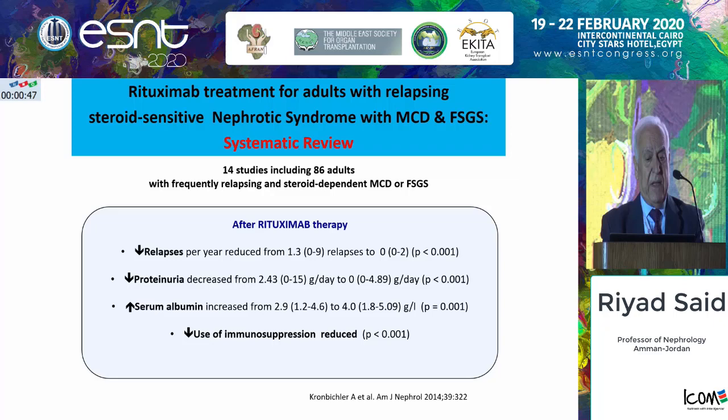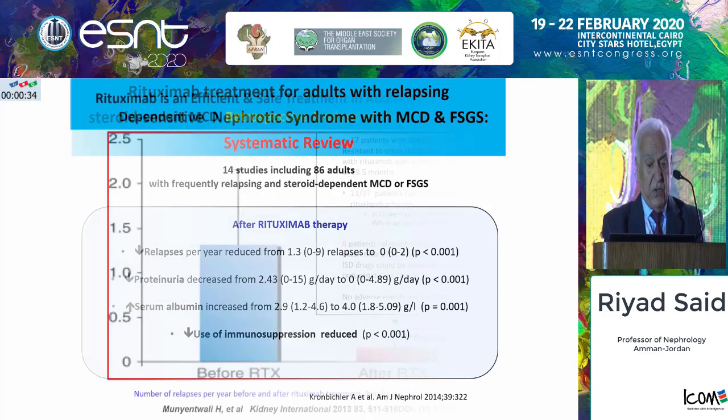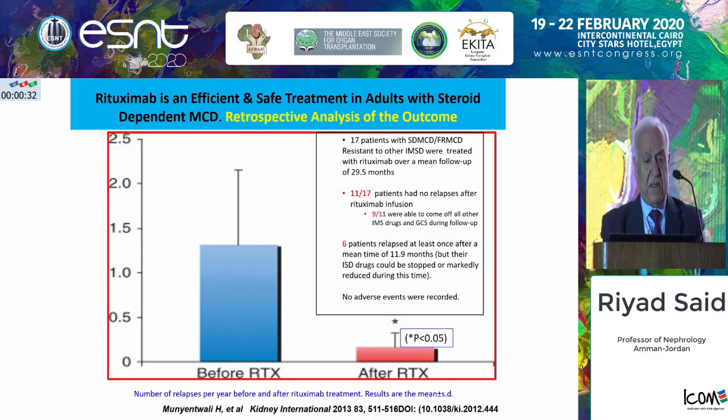Now, rituximab in a systematic review of 14 studies, including 86 patients, showed decreased number of relapses, decreased proteinuria, increased serum albumin, and decreased immunosuppression use in such patients. So it has a place. And there is a nice retrospective study in 11 patients. Look at the incidence in blue. Before rituximab, the incidence of relapse is high.